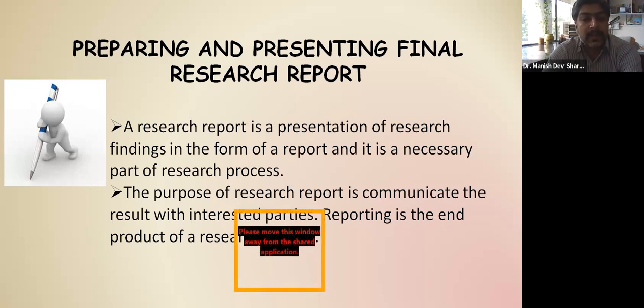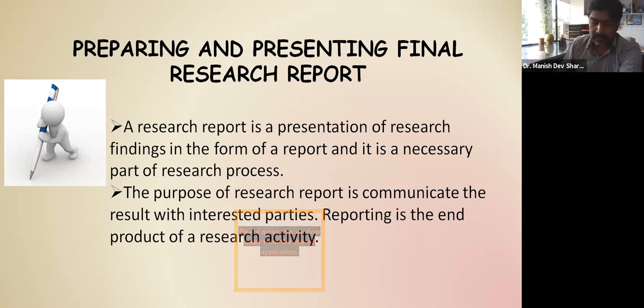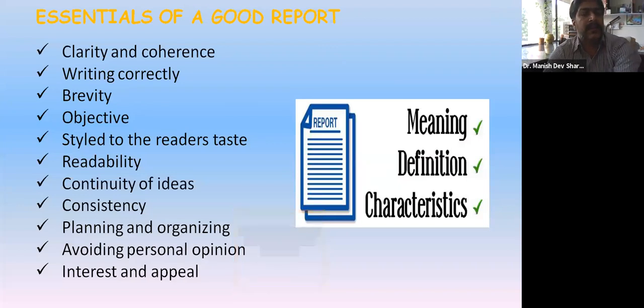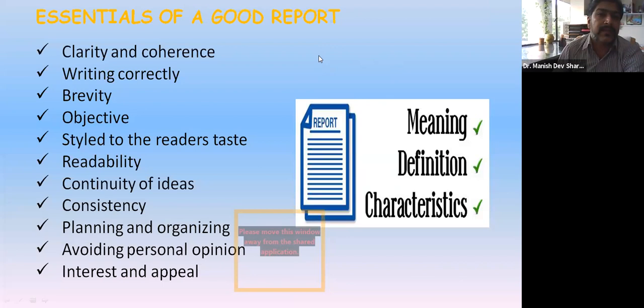So this reporting is basically the final conclusion, the final discussion of the whole research, starting from data collection to the analysis or to the modeling. So there should be essential components, I suppose, which must be taken care of while writing this report.